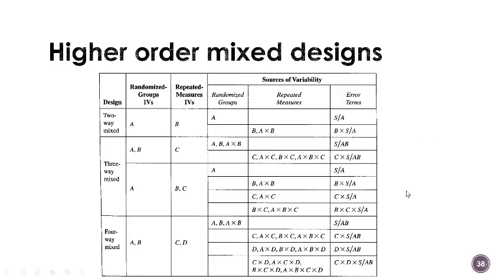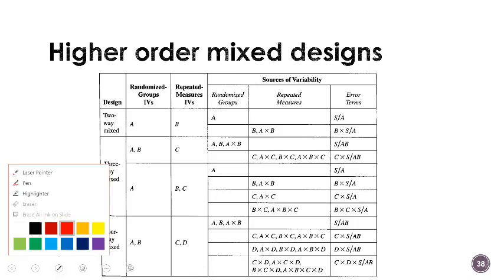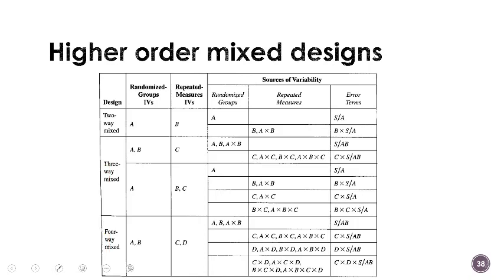With higher order mixed designs, this is where some of the complication comes in. You can sort of see in this table in terms of keeping track of what error goes with what effects. So you can start off here, I used the pen. If all we have is A and B, where A is randomized groups and B is repeated measures, it's pretty straightforward.